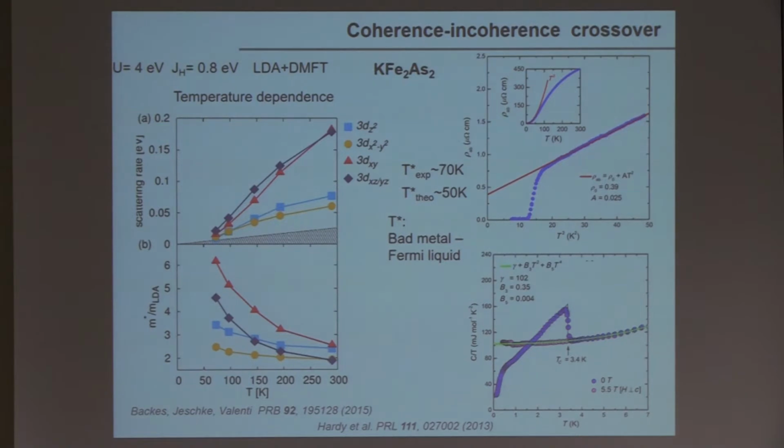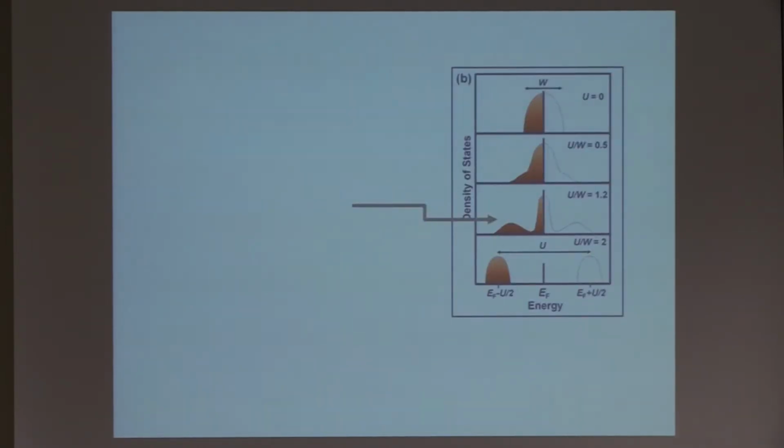So you could interpret that as a deviation from Fermi liquid, so that you start having a bad metal. At low temperatures, you regain, in fact, this T squared behavior, the Fermi liquid behavior, and then, of course, the system superconducts at very low temperatures. So basically, we have here the feature of bad metals that one observes also experimentally. One can explain it in terms of these orbital selective correlations.